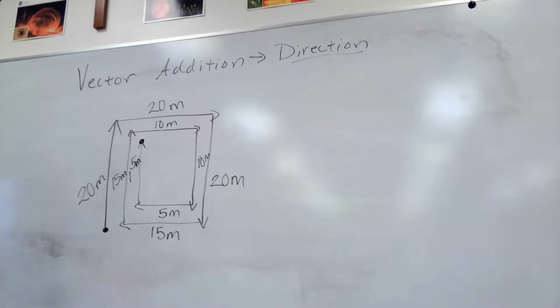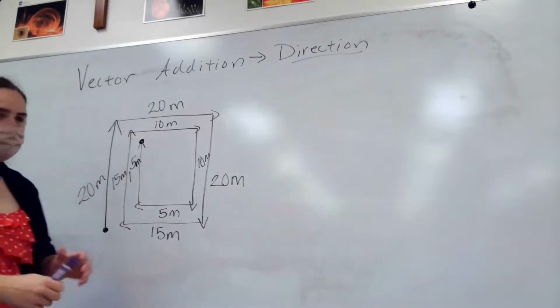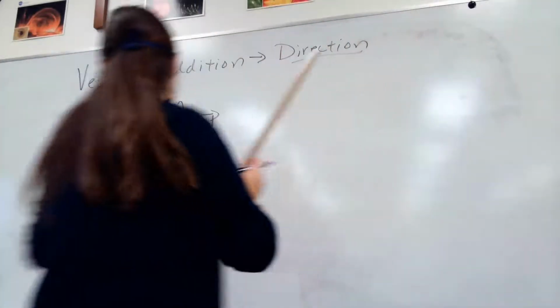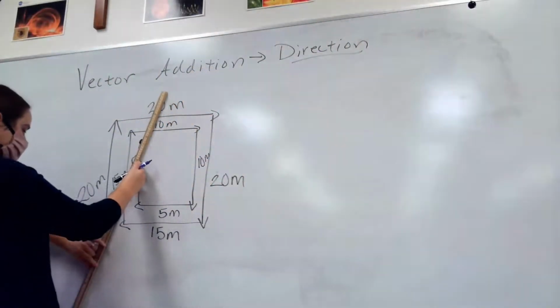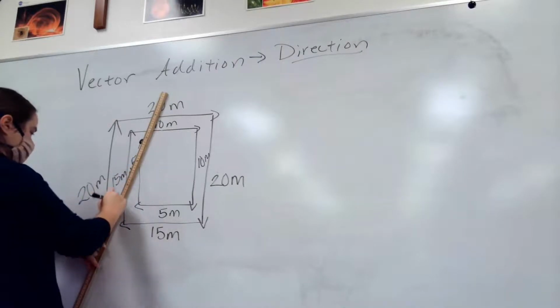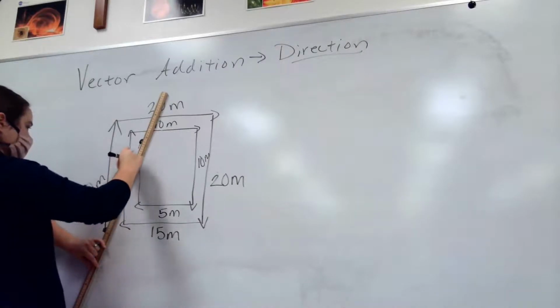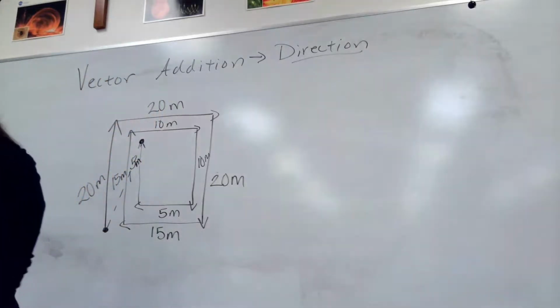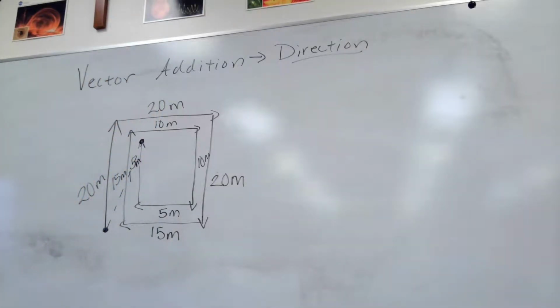Okay? So what I want to find, let me draw this in purple, is this line from here to here. Okay? So I need to find the length. We can also find the direction of that.